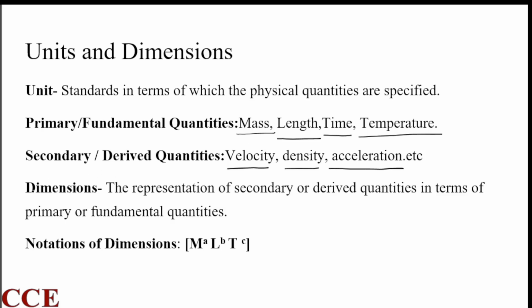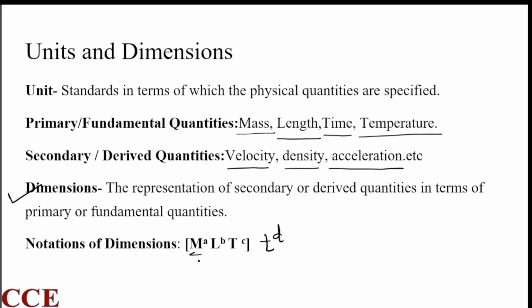Next is dimensions. The representation of secondary or derived quantities in terms of primary or fundamental quantities is called dimension or dimensioning. The notation of dimension is M to the power a, L to the power b, capital T to the power c, small t to the power d.